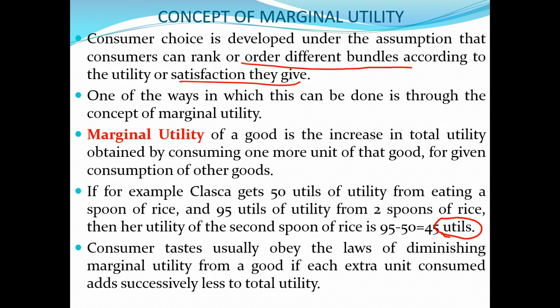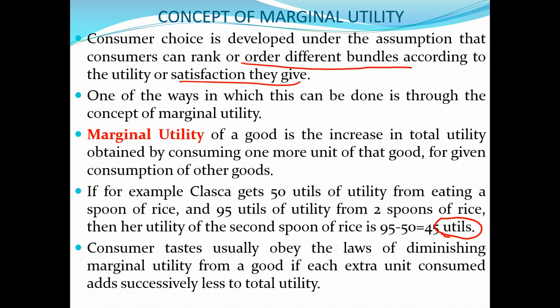But in the real world, it's practically impossible to measure utility. What metric are you going to use to measure this thing called utility? It's one of those fun assumptions that we make, that consumers can measure and therefore give precise rankings of these various utility levels that they derive from the consumption of different goods and services.